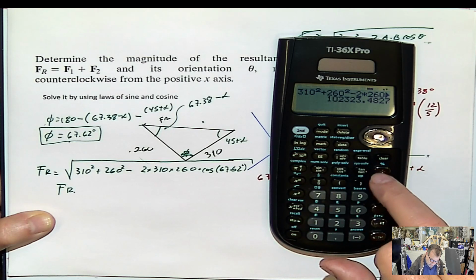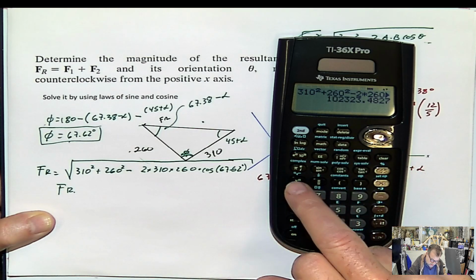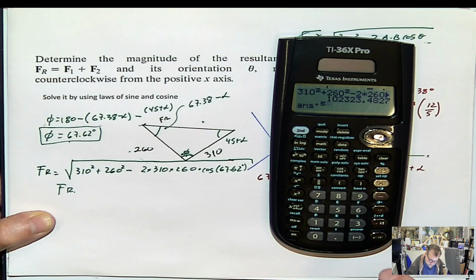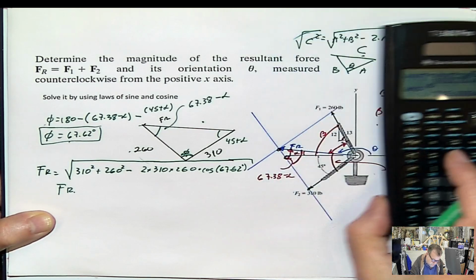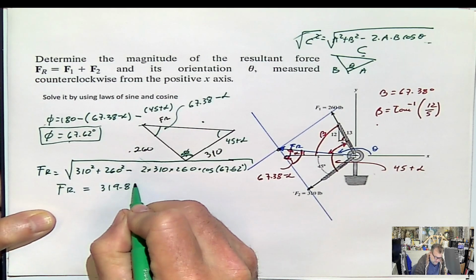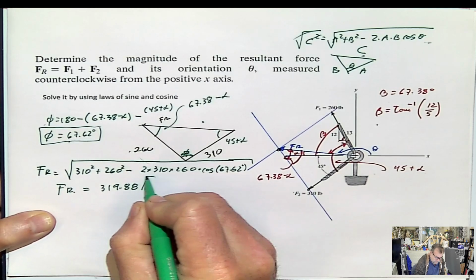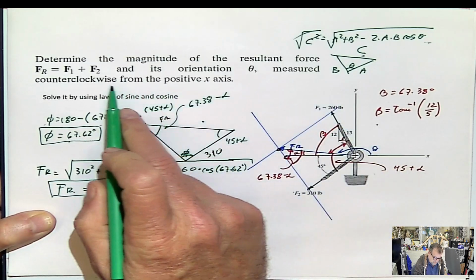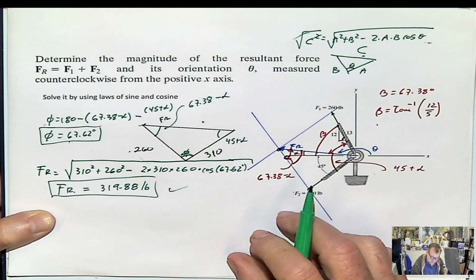That's going to give you this. Square root of that is the same as elevated to the 0.5. So you get 319.88 pounds. And that's part of the question. It was the resultant force. This is the value of the resultant force.